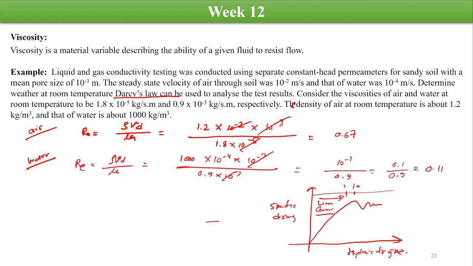Okay, after that, the nonlinear laminar flow and turbulent flow will come into the picture. So if the Reynolds number is less than 1, this will be laminar flow, and thus Darcy's law will be valid. So in both the cases, Re is less than 1. So okay, thus Darcy's law is valid for this question, right?